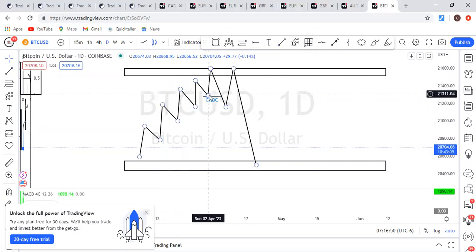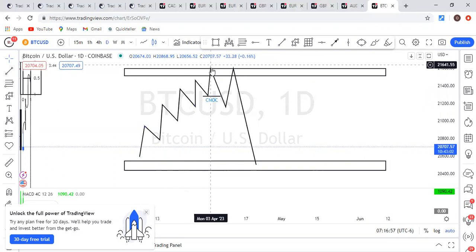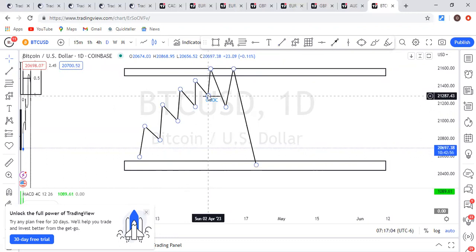Then this low put up this high. There is a demand here, that's why this low was able to put up this high. So for this area to be broken, that means supply is enough in the market to break the level of demand that is there. That's simply what it means.